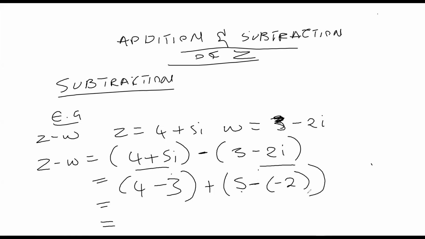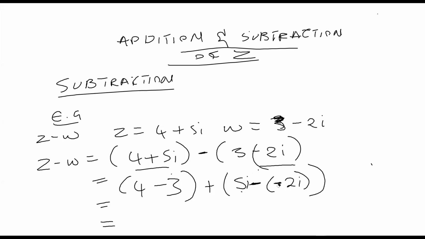I don't know if you get what I mean. This 2 is an individual thing, so 5i here and negative 2i here. When you're subtracting the imaginary parts, this subtraction is just different from this one. So you have to put it in this way. It's the same thing that we did when we were adding, if you remember the adding example. With the subtraction example as well, it's the same thing. You need to be careful about this negative sign over here.